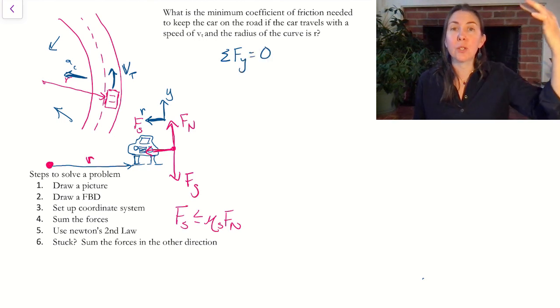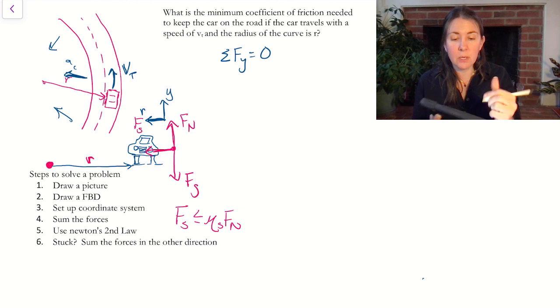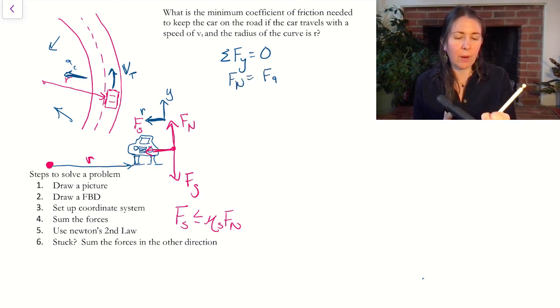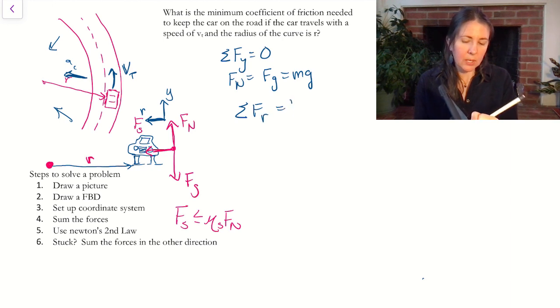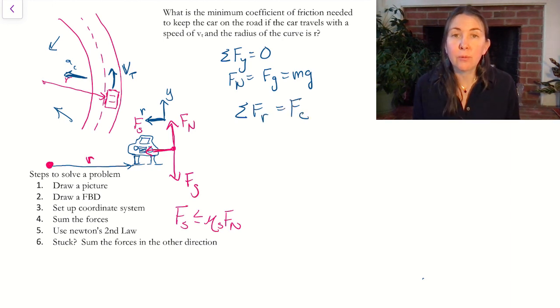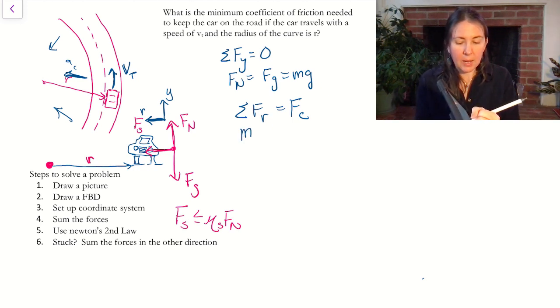I know that the car is not accelerating up or down, and so the normal force is going to be equal to the force of gravity, which is mg. Okay, so if I were to sum my forces in the radial direction, that gives me my centripetal force. The sum of the forces in the radial direction is mass times the centripetal acceleration.